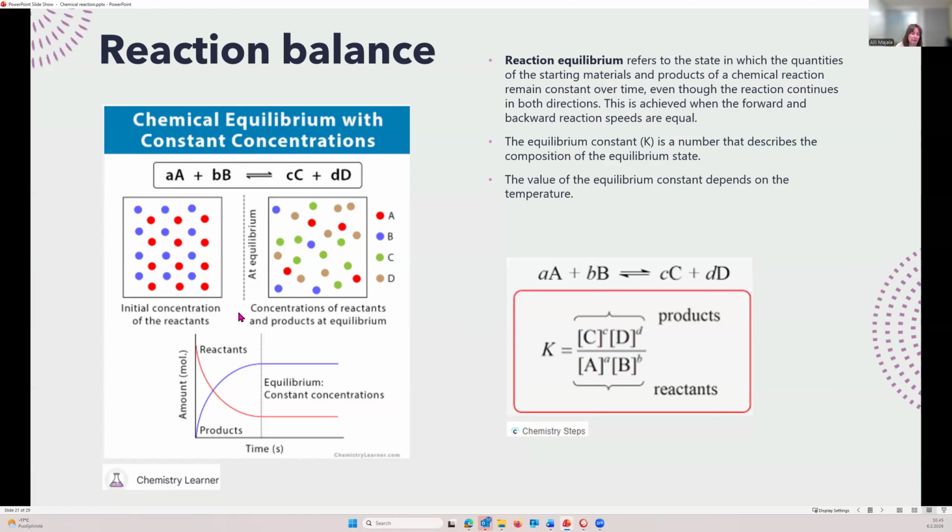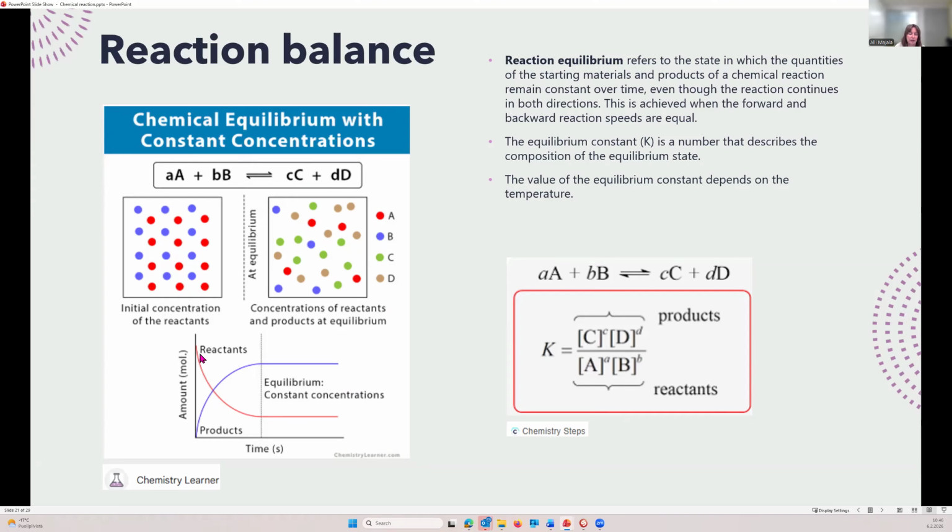depending on the reaction. So initially you stick the reactants A and B into a container, some kind of vessel, and you mix it. And you want to get these products C and D, but you end up in equilibrium where you have them all there.